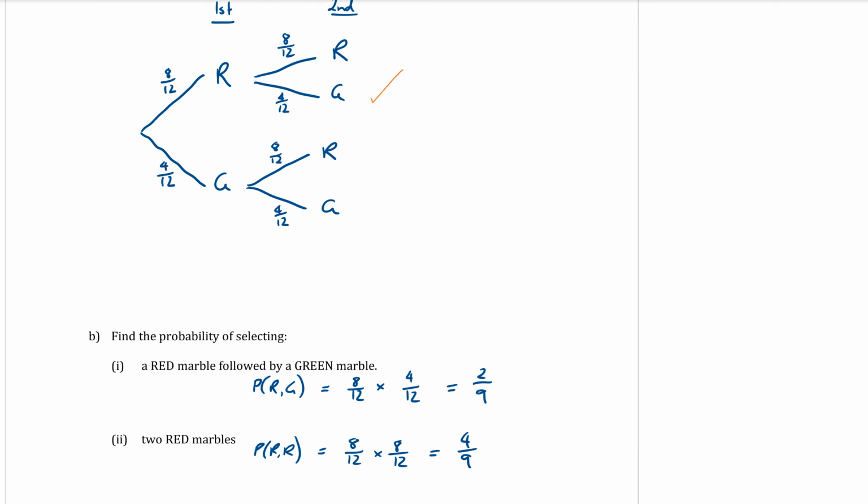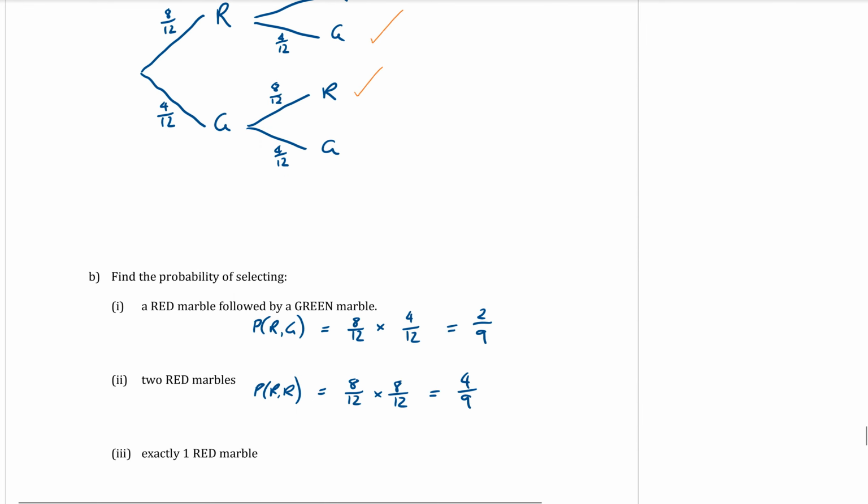The last one is exactly 1 red marble, which means I can have the red-green or the green-red. So remember, add the branches together. So probability of red-green plus the probability of green-red.